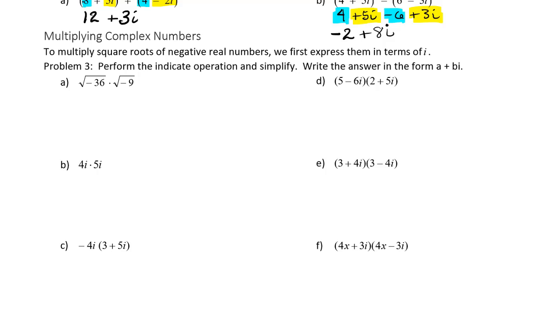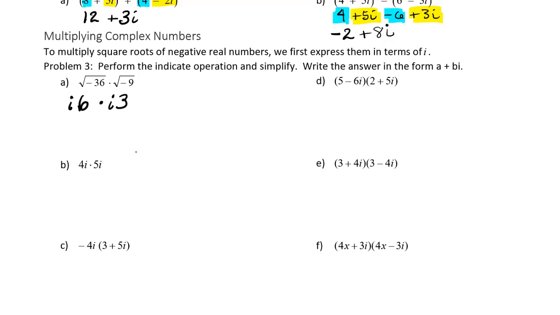Welcome back. Let's give the first one a try. We have the square root of negative 36 times the square root of negative 9. This will give me i times 6 times i times 3.